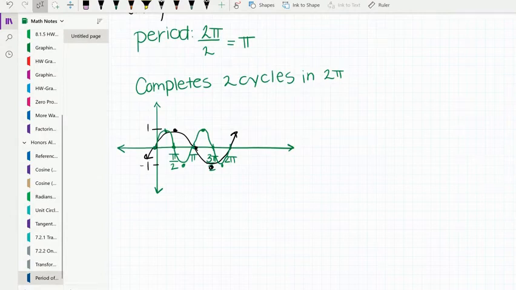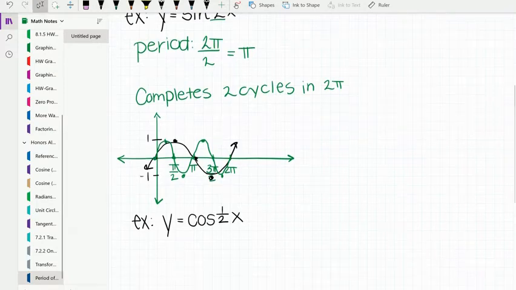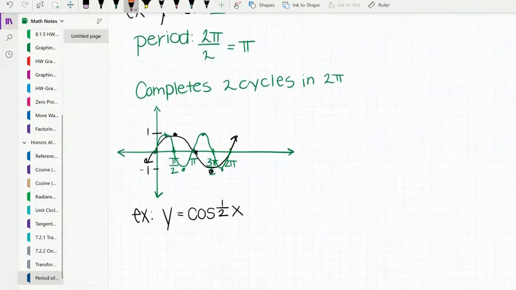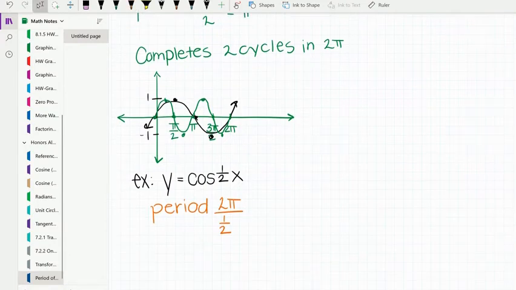All right, let's try another one. Let's say we have y equals cosine 1/2 x. The period is going to be 2 pi divided by 1/2, which is like saying 2 pi times 2 over 1, which equals 4 pi.